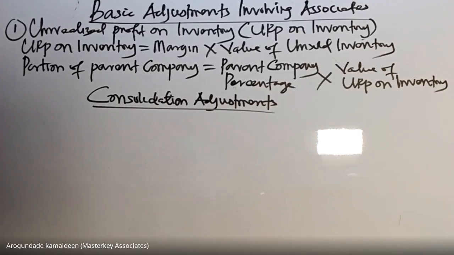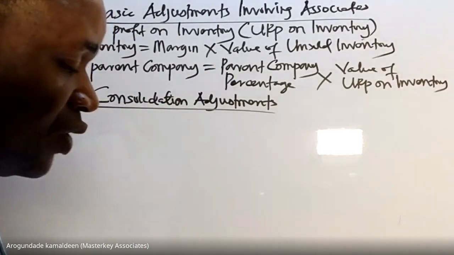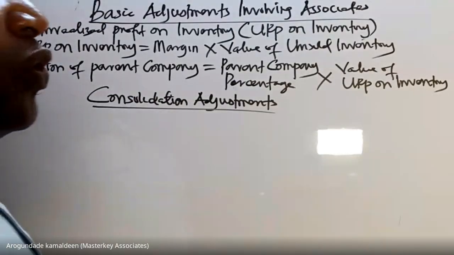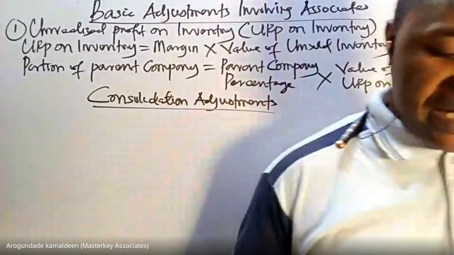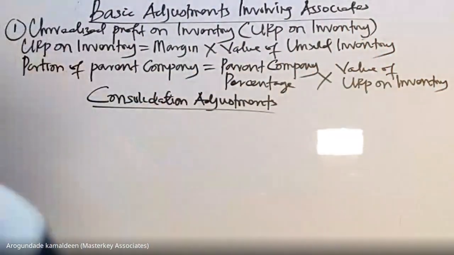Okay, class now. So now, when we have determined the portion of the parent company, class, what next? How to account for it will be determined by who sold the goods. Is it the parent company or the associate? Please, let's see now.